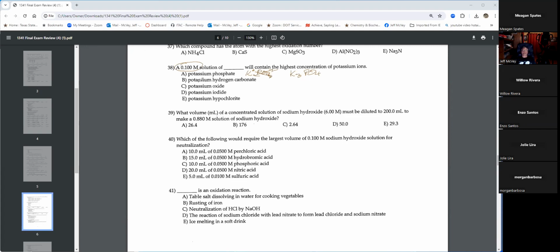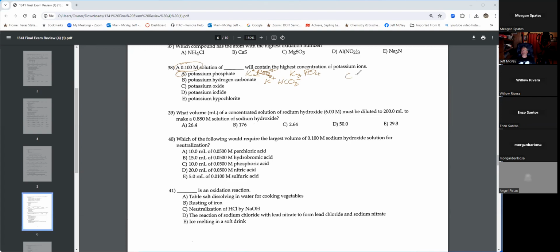You have the same concentration of each one of these. None of these are going to give you as much potassium as potassium phosphate, but let's go ahead and finish naming them. So we have potassium with a +1. Hydrogen carbonate: you might not be that familiar with it, but you are with carbonate. Just stick on a hydrogen.